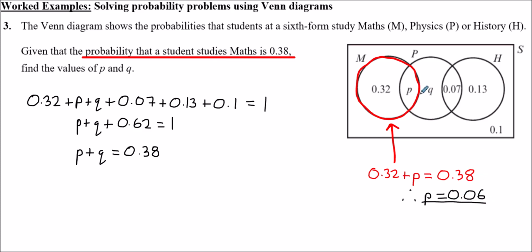Then Q, we can use this here. So we know that P plus Q is 0.38, and so what we can do is just substitute this into here.